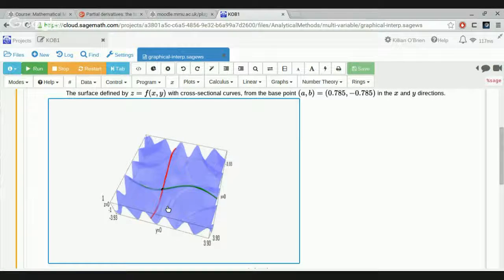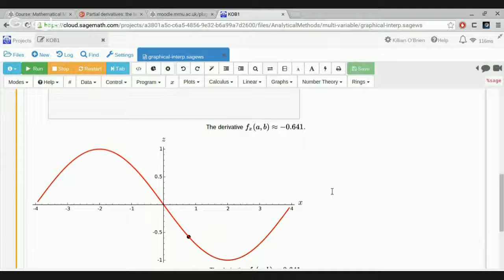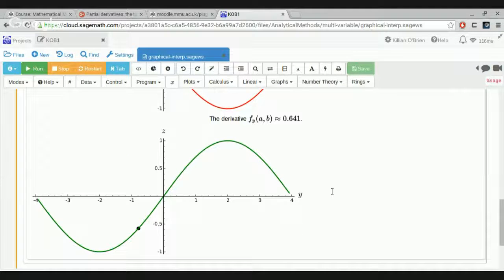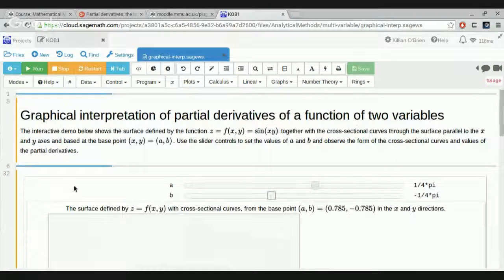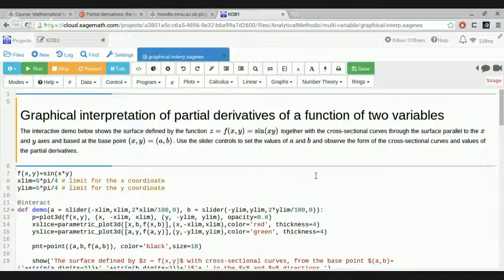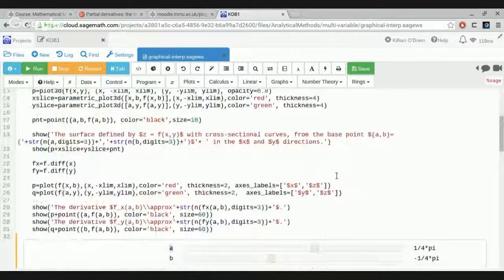The base point is at the intersection, and these are the 2 cross-sectional curves going through there, and the little widget shows you them straightened out. We could try to add in a visualization of the tangent plane at that particular point.